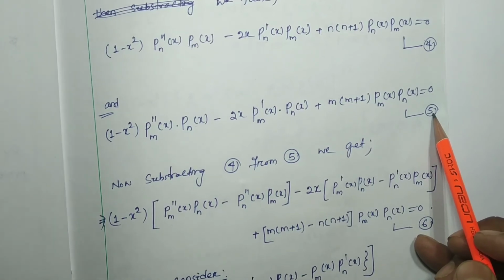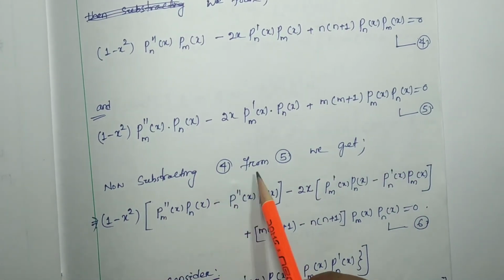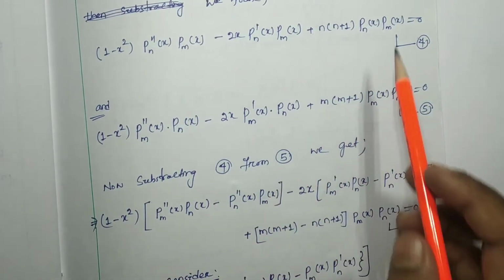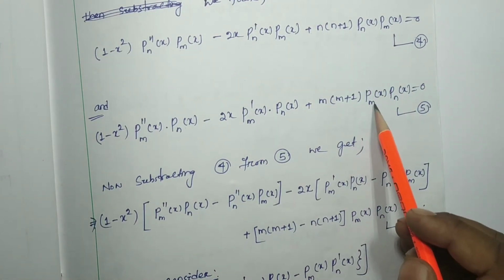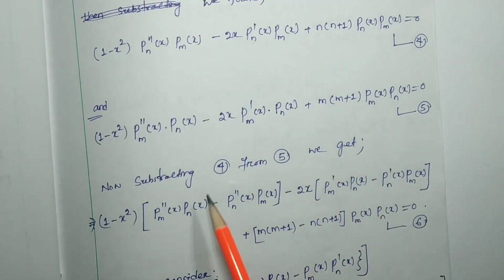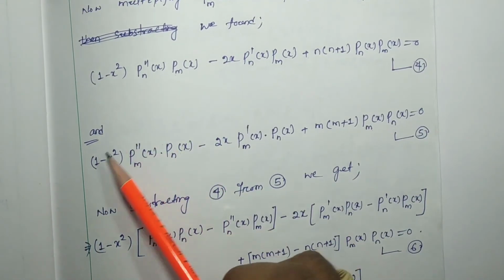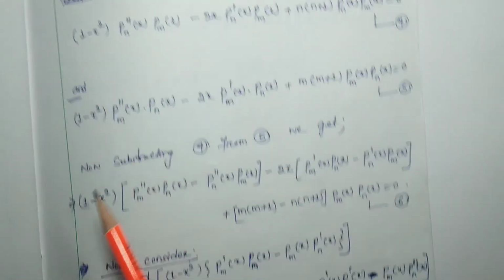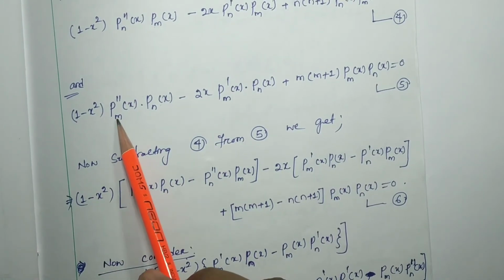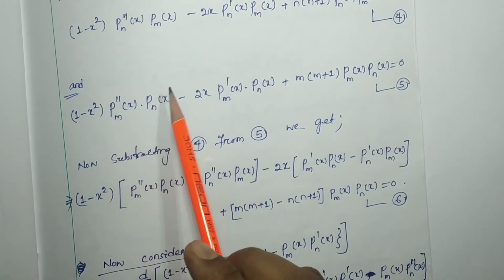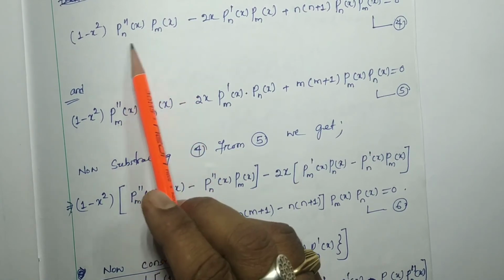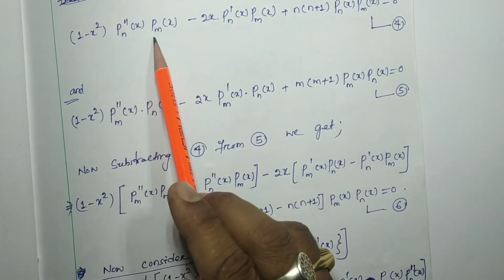Now we have to subtract equation number 4 from equation number 5. That means this one is going to be subtracted from this one. The first term, (1 minus x square), can be taken outside: Pm double dash (x) into Pn(x) minus Pn double dash (x) into Pm(x).